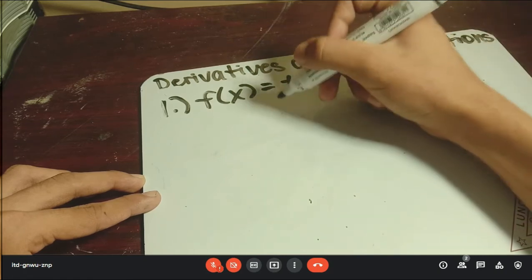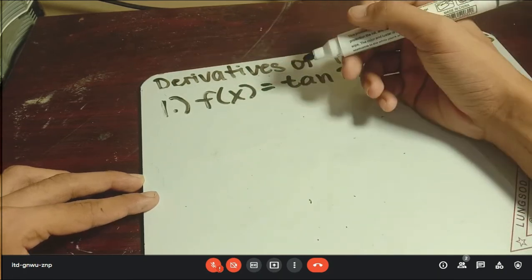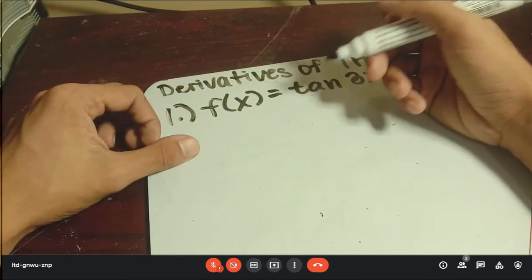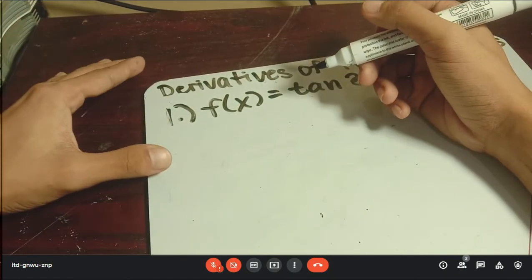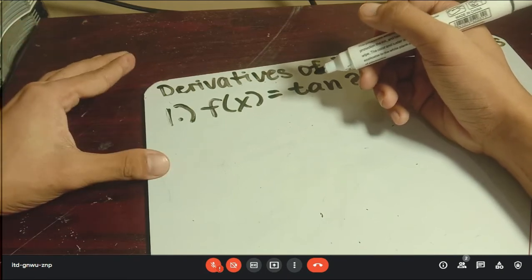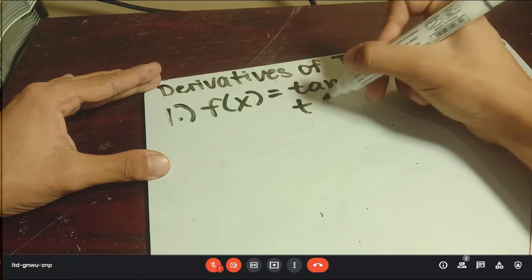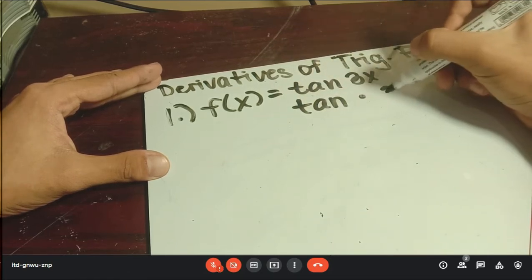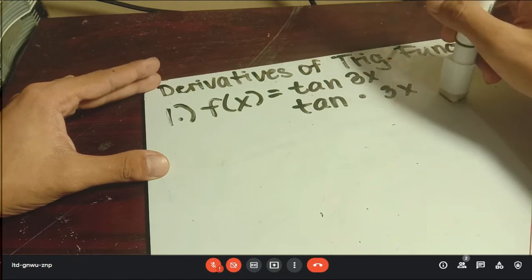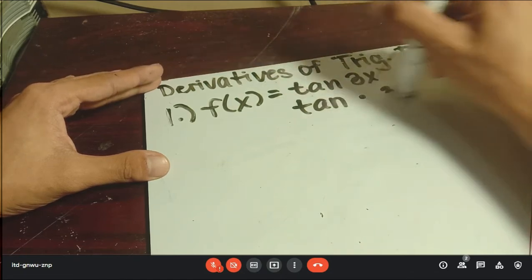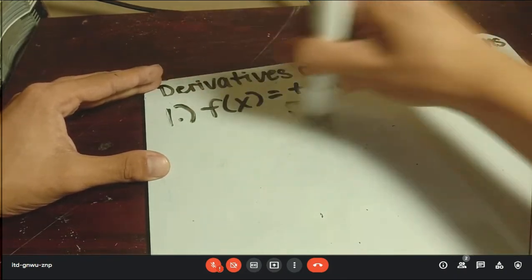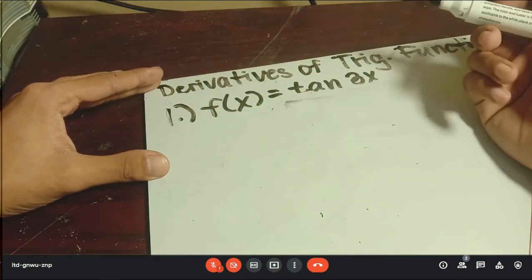Or para mas madali natin siyang makita in a certain view kung saan mas madali natin na i-apply yung formula, then maaari nyo gawin ito. Pwedeng ganyan. But since first problem naman and very simple lang naman to, okay lang naman siguro kung wala na ito. And ayan.